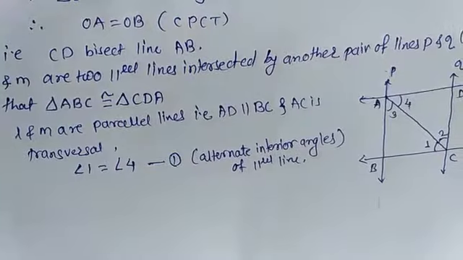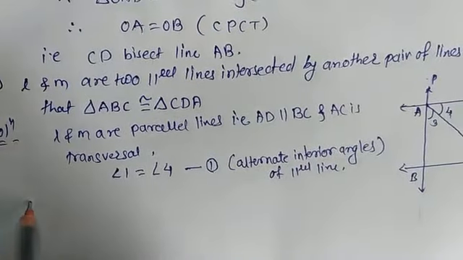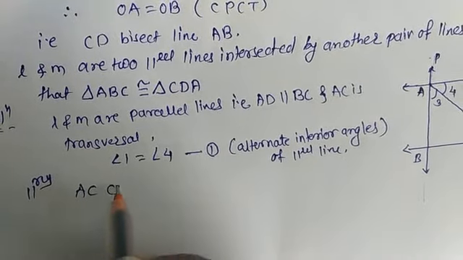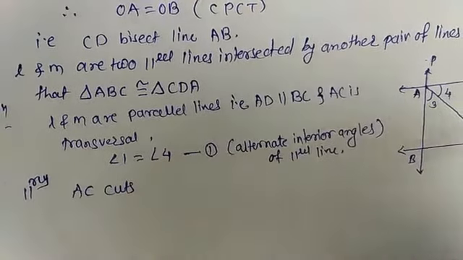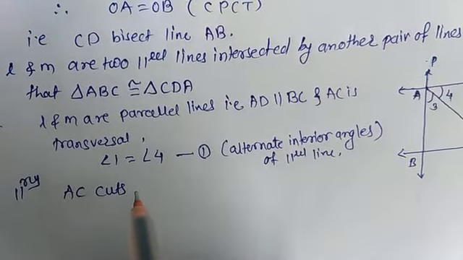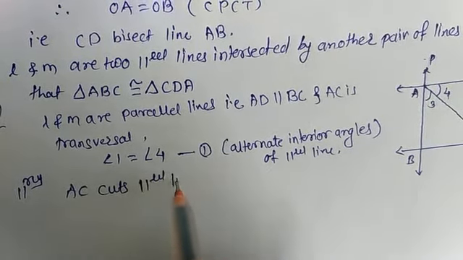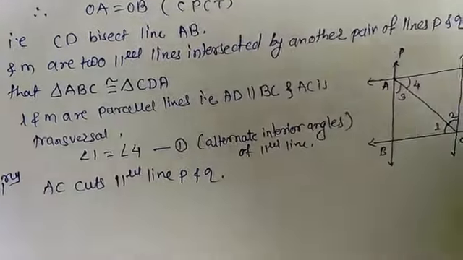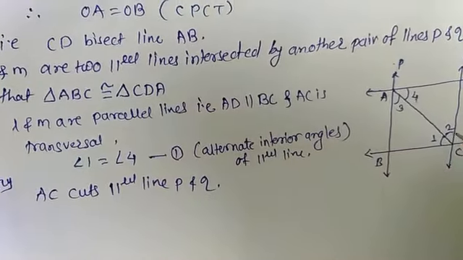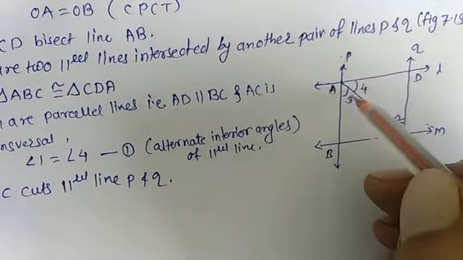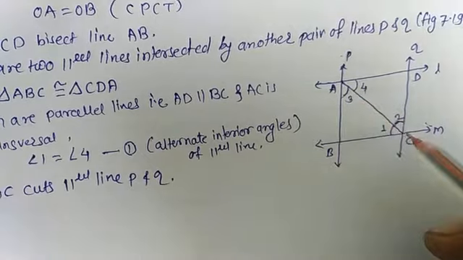Similarly, AC also cuts the parallel lines P and Q. This P and Q are also parallel, therefore angle 2 will be equal to angle 3, with AC as a transversal.